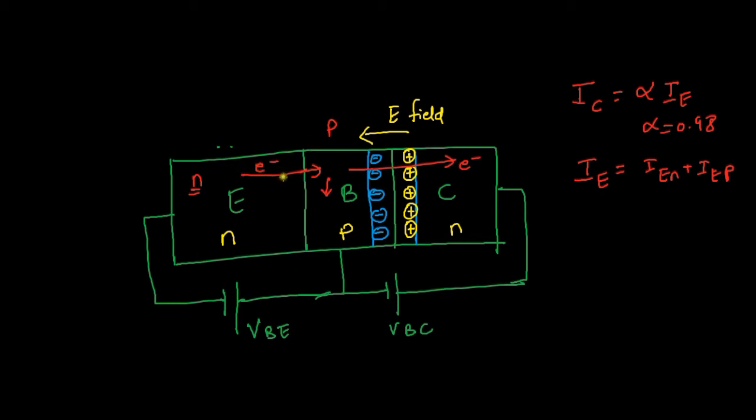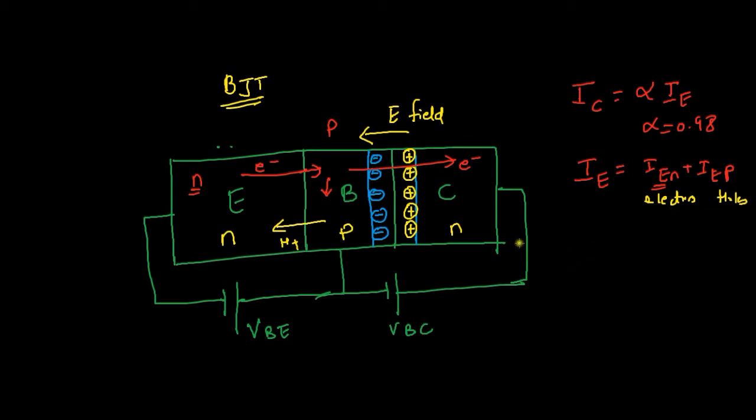This red arrow which I have marked is IEN. I have also said that some electrons will combine with holes. However, there are still more holes which will travel to the emitter, the H plus. This yellow mark is called IEP. Since this is a BJT, a bipolar junction transistor, the current is due to both electrons and holes.